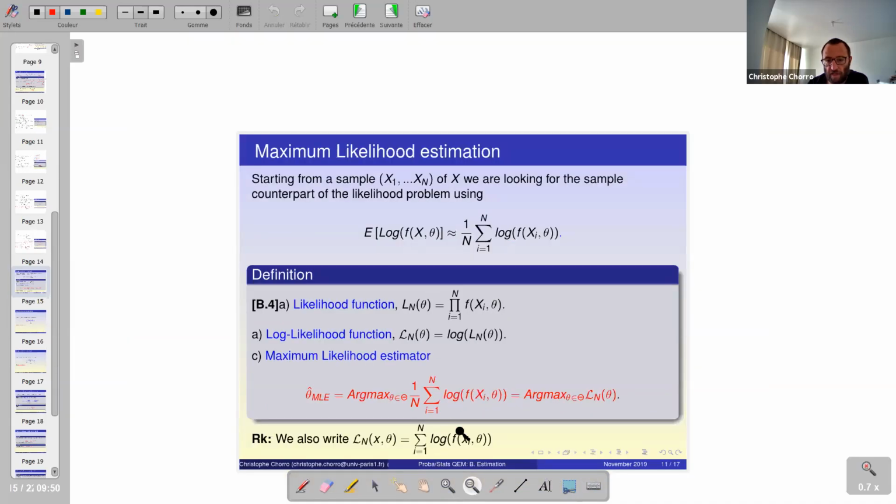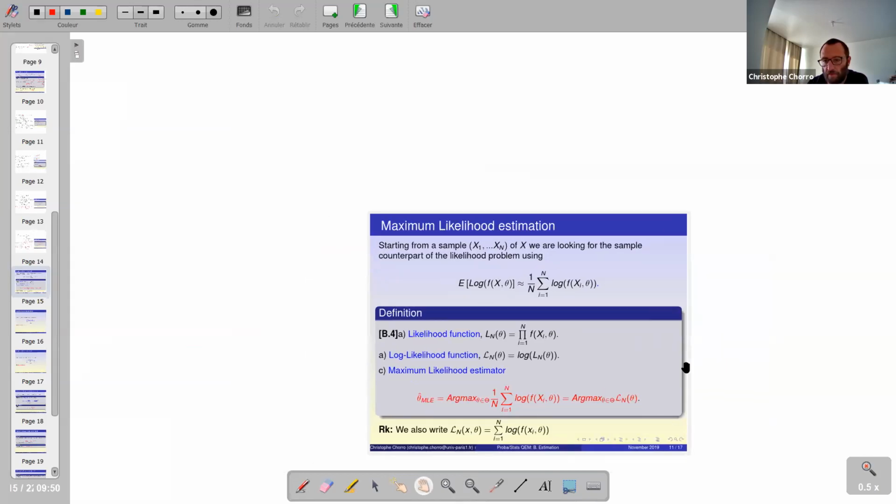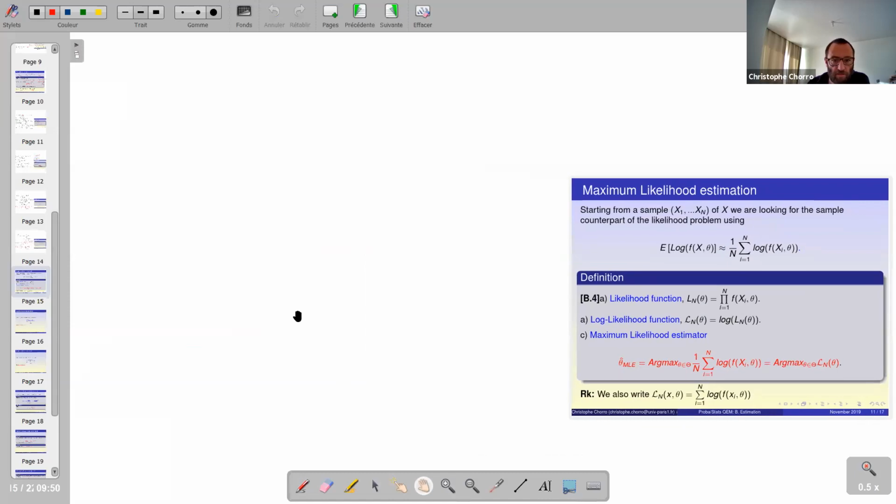So here, in this slide, I just introduce notations. Let's do it here. I just remind you what I have done.